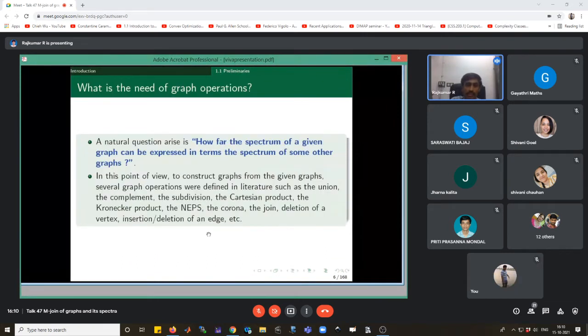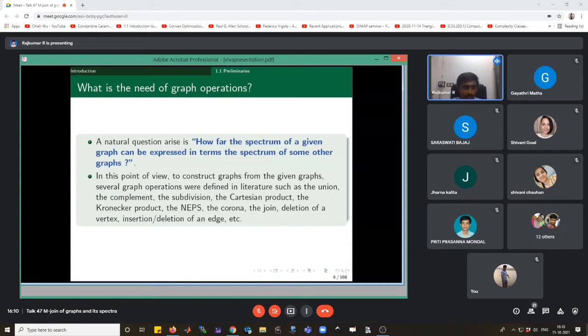Now we come to the main topic of graph operations. The basic problem of spectral graph theory is to find the various spectra of given graphs. In graph theory, several graph operations or graph products have been defined for various purposes.